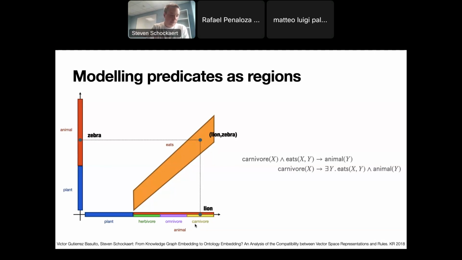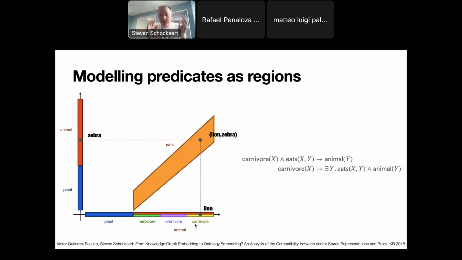Again, why is this the case? Whenever we pick a point on the x-axis which belongs to the carnivore region, it is always possible to find a corresponding y coordinate such that this point in the two-dimensional space is in the eats region, and such that the projection on the y-axis is in the animal region. Right? So that's the spatial counterpart to this existential rule.